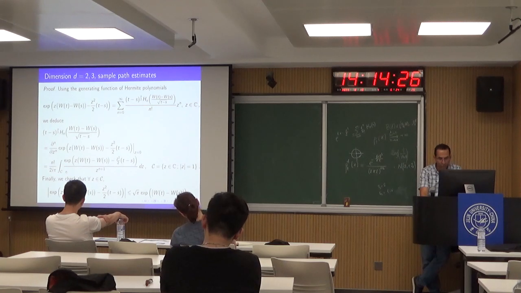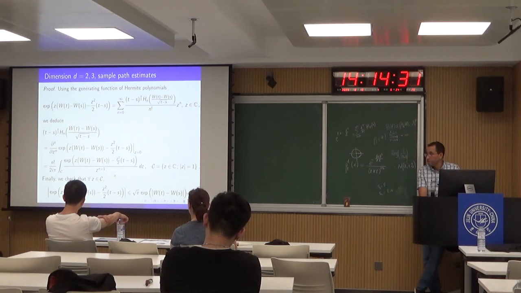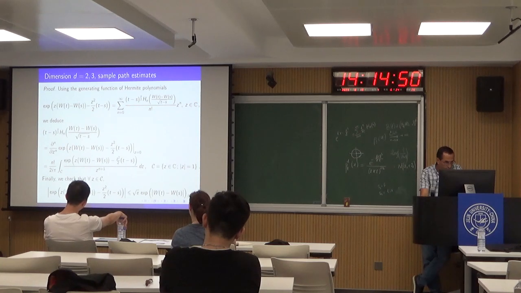Using the Cauchy formula, we can do some estimates. Since we integrate over complex numbers of modulus 1, this denominator will disappear, of course, and for the exponent part, we can check that for any complex number of modulus 1, we have the following inequality. It's not hard.